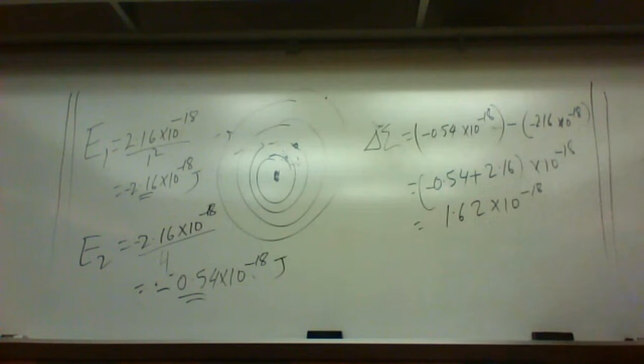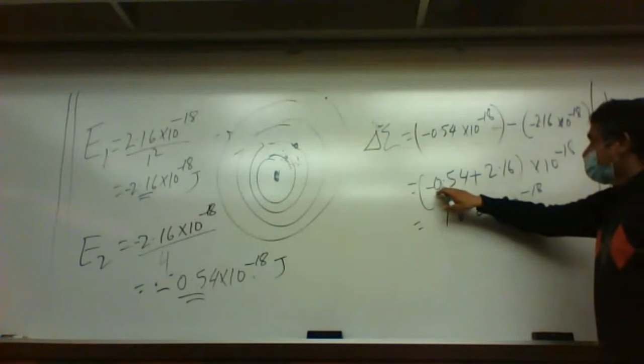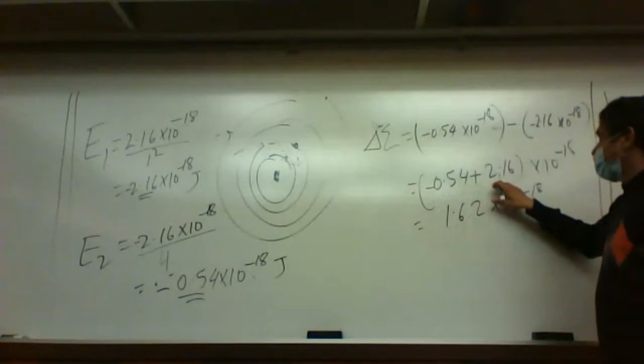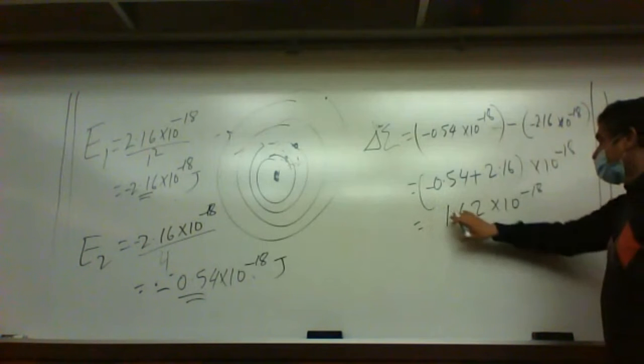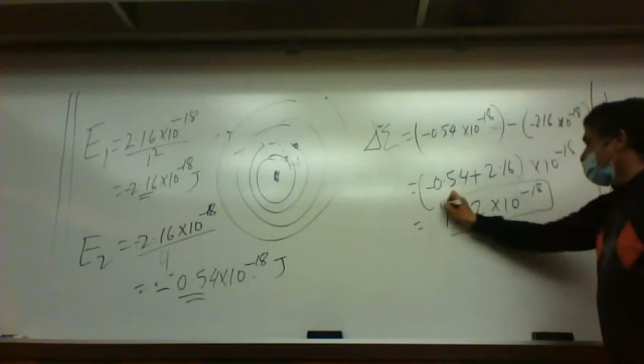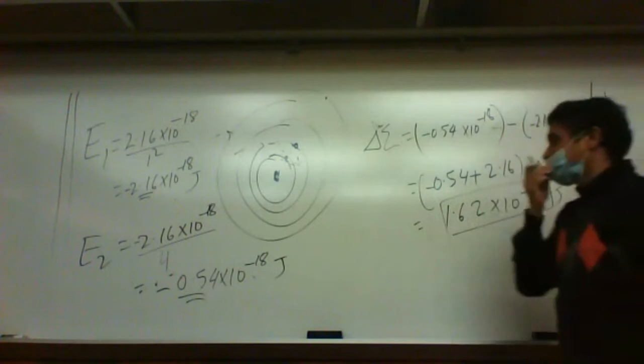Because we are just getting the difference, and the difference is always a smaller number, right? Because of this minus sign it is a little bit confusing. But remember, if one is a minus here, another will be plus. If you put plus here, you put minus here. It doesn't matter. So this is 1.62 times 10 to the power minus 18 joule difference in energy.